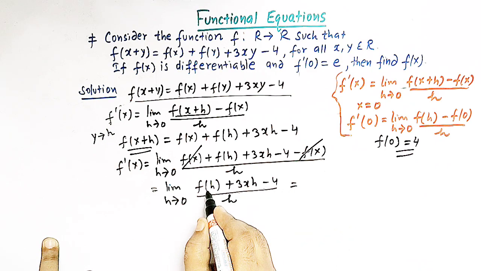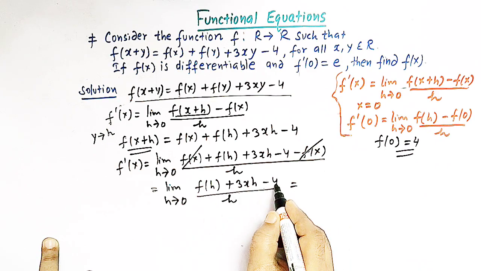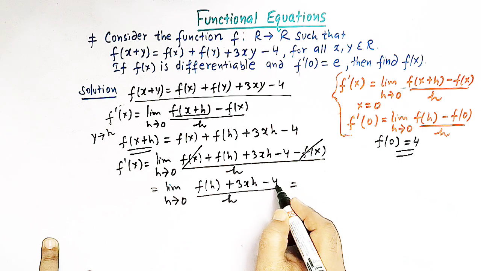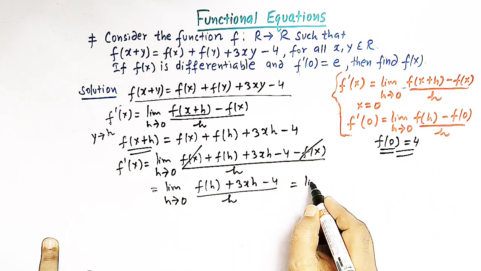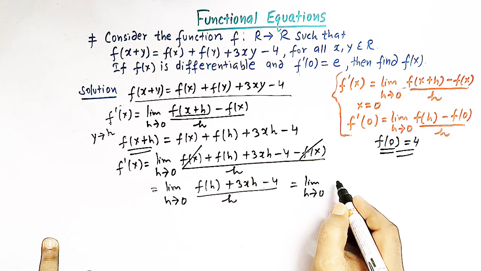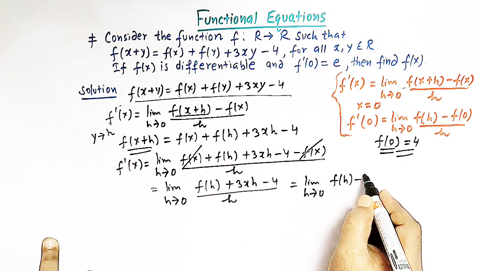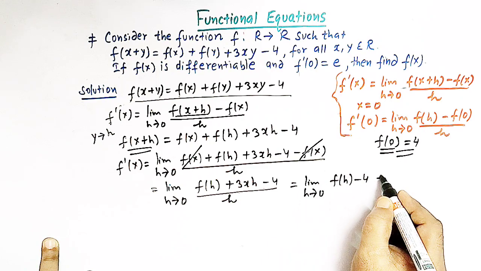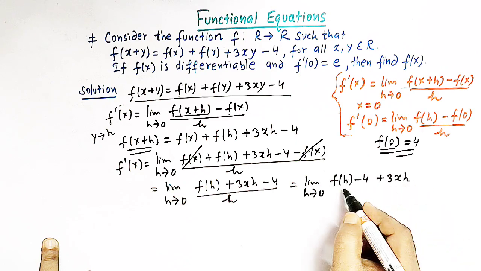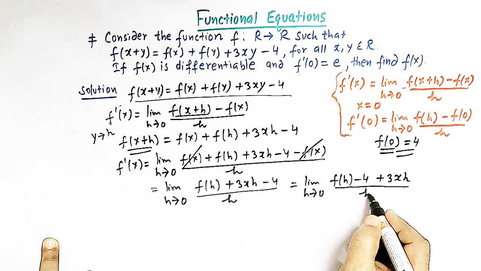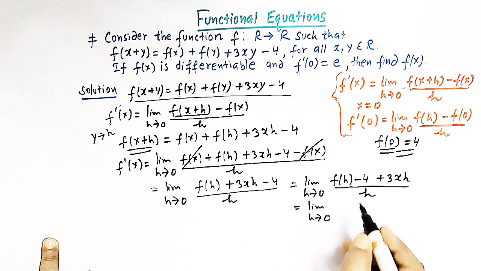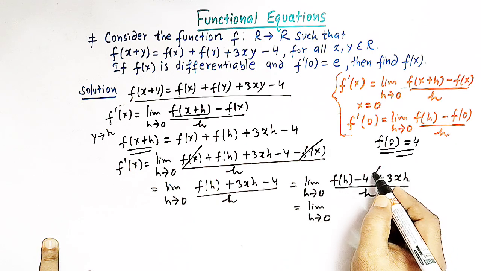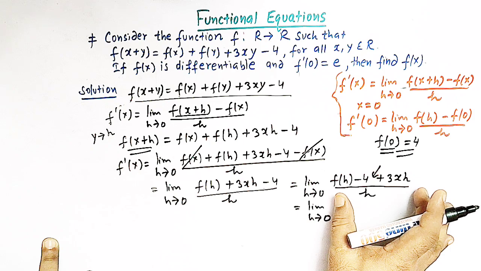So now let us combine these two terms, and for 4 we can now write f(0). So we have limit h tends to 0, [f(h) − f(0)] and here we have 3xh divided by h. Now from here we can break this expression.